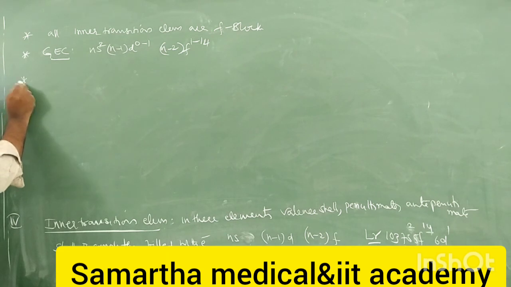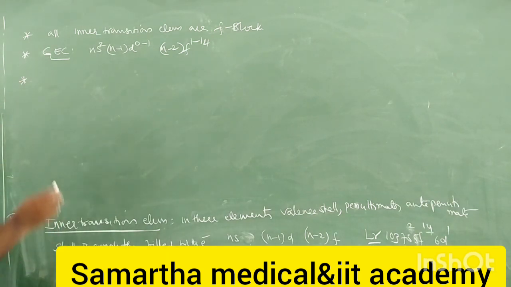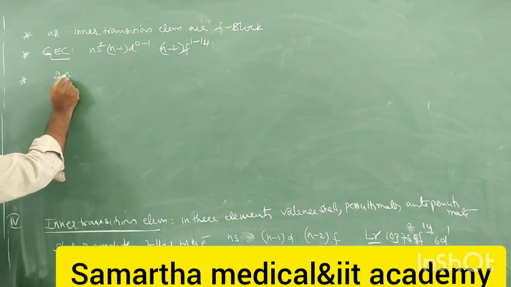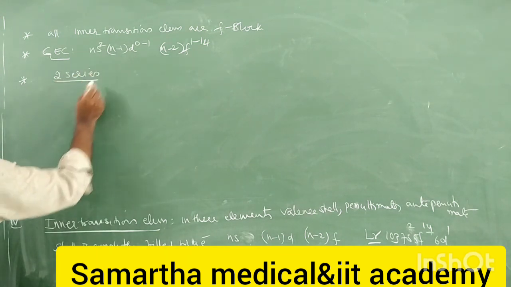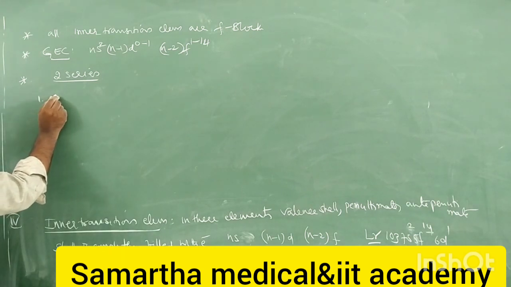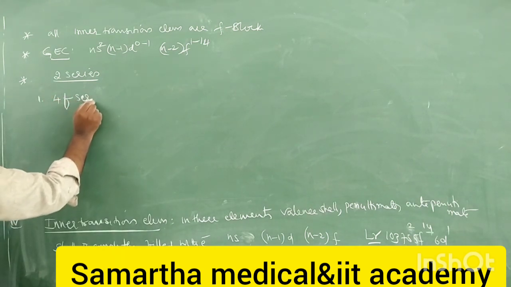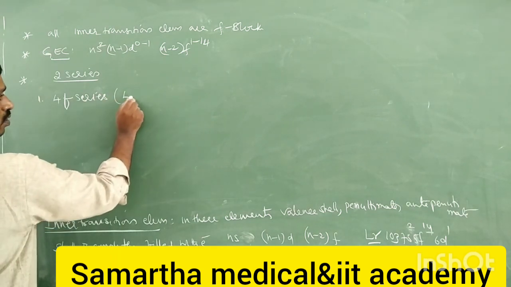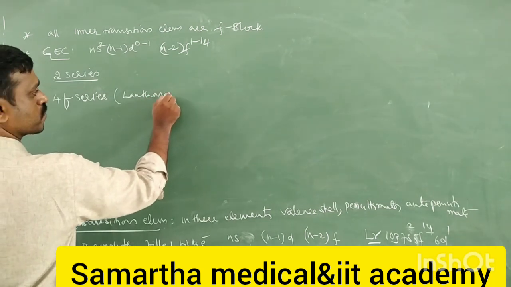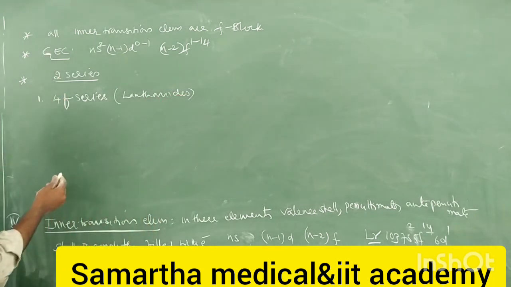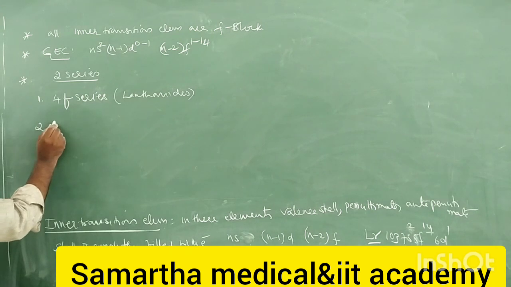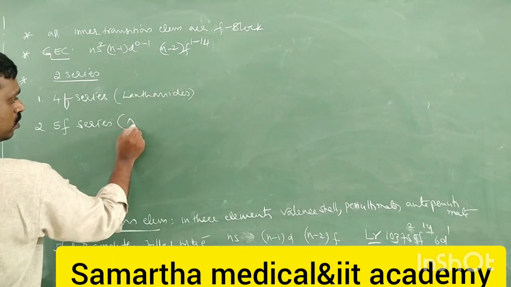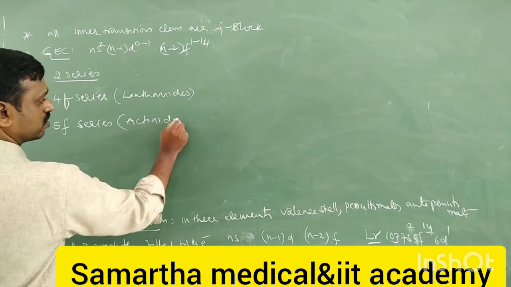Next, inner transition elements are also classified into two series. This we have already studied. One is the 4f series, also called lanthanides. The second is the 5f series, also called actinides.